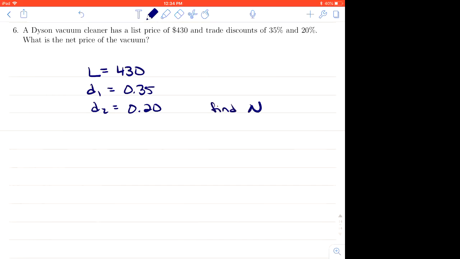We need a formula that lets us get to all these things. We already know from our formula sheet that N is L times 1 minus D1 times 1 minus D2.